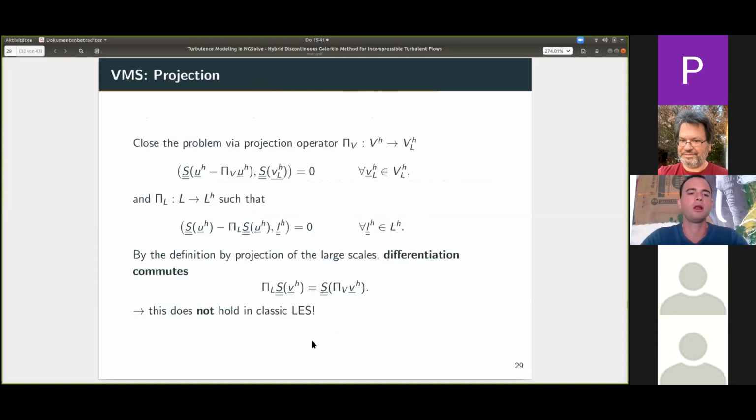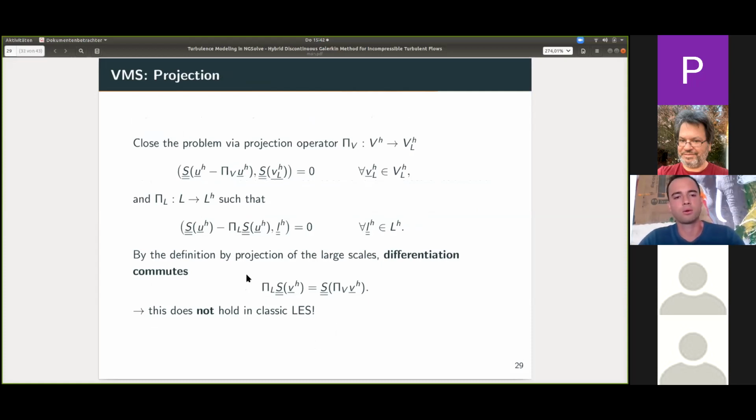And in order to close this problem, we have to define our L2 projection operator, so this one from our all-resolved scale space to the large scale space. And by definition of these L2 projection operators, we can show that the differentiation commutes, which I did not mention before in classic LES.